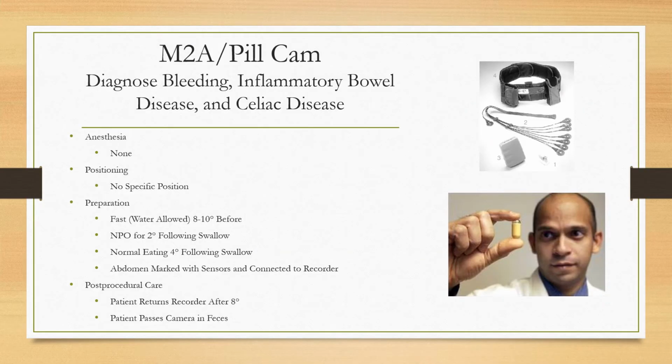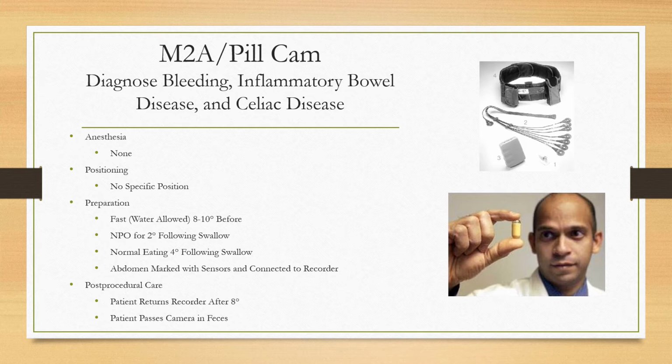Okay, so the pill cam, remember the pill cam is really to have a good look at the small intestine, which is a really hard part of the bowel to visualize. So the colon is pretty easy to visualize. The esophagus and the stomach and the first part of the duodenum is easy. Small intestine, really difficult. So this is where the pill cam comes in, okay?